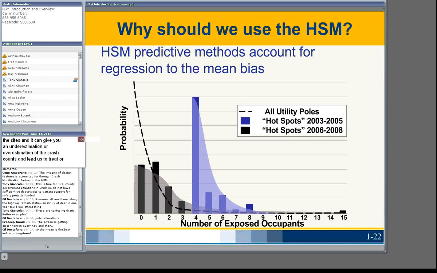There's chapters on economic appraisals in Chapter 7, prioritization in 8, and is the first step in the roadway safety management process.